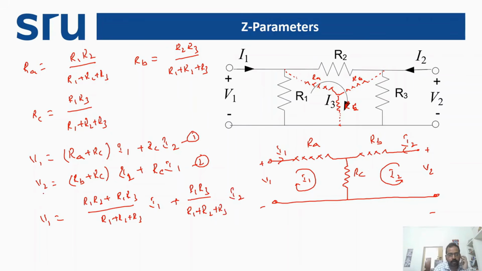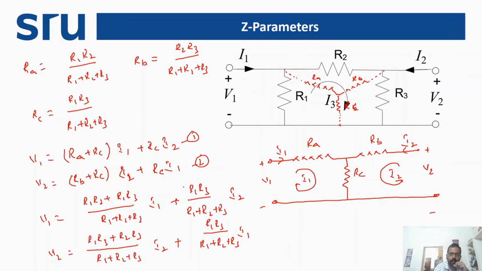Now if you substitute RB, RC in the second equation, we get V2 equal to RB plus RC, which means R1 R3 plus R2 R3 divided by R1 plus R2 plus R3 into I2, plus the RC term, R1 R3 divided by R1 plus R2 plus R3 into I1.